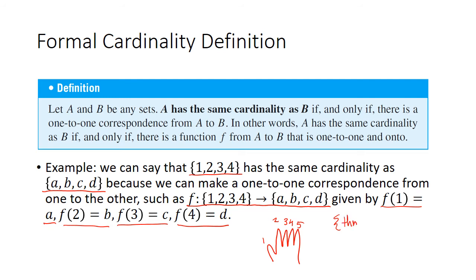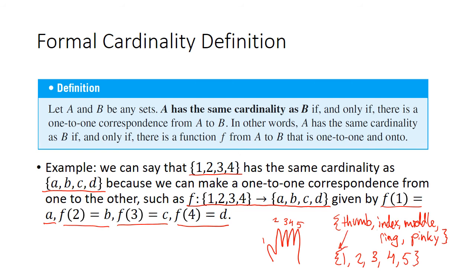You have your thumb, your index, middle, ring, and pinky, and then you're making a one-to-one correspondence with the set {1, 2, 3, 4, 5}. You're making these numbers correspond to your fingers. And you could give that function a name, like f or something. Okay, so let's see what we can do with this concept.